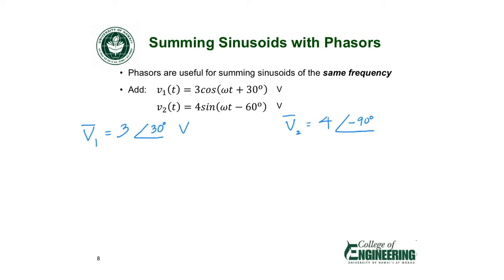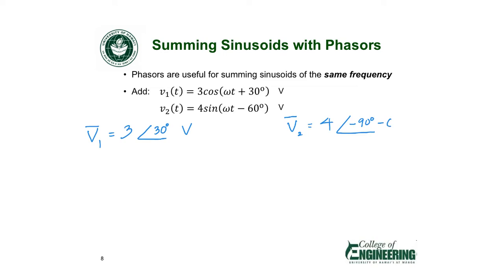So we just need to add a 90-degree shift to the phasor representation. And then it also has a phase of negative 60 degrees. This has units of volts. So this is 4 volts with an angle of negative 150 degrees.